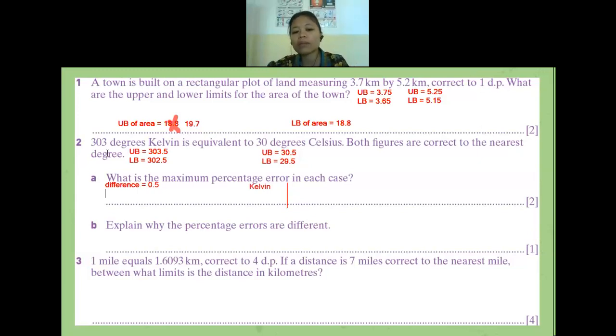So now for the percentage of error, we have to find 0.5 is how many percent of 303? To find it, we just need to write 0.5 over 303 and then multiply it by 100%. It will be equal to how many?